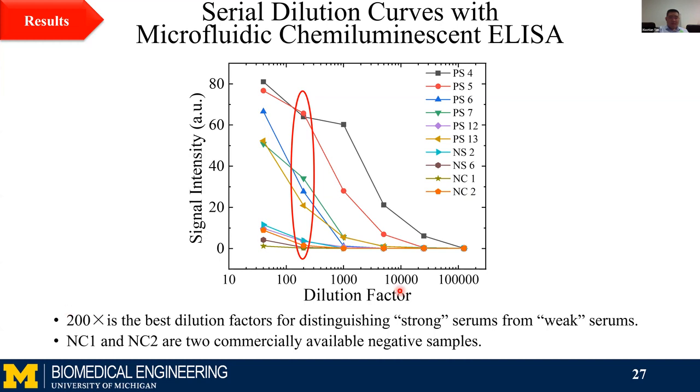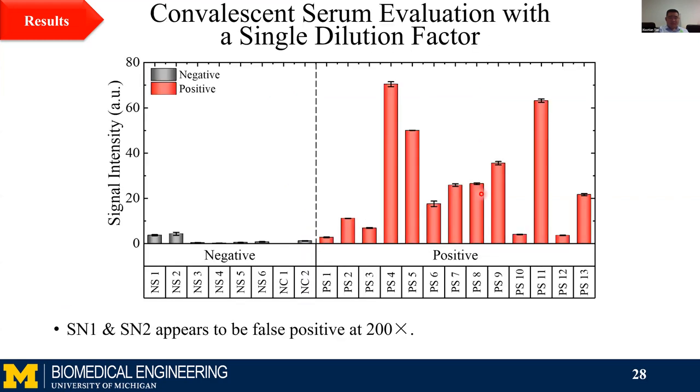By the way, NC1 and NC2 are 2 negative controls. They were both purchased from Sigma. They were serum from healthy donors. And here are the results we generated from a single dilution factor, which is 200 times dilution. In this case, NC1 and NC2 with our system were detectable, which means they might be false positives if we compare back to traditional plate-based ELISA.